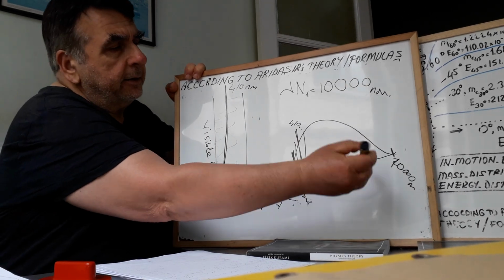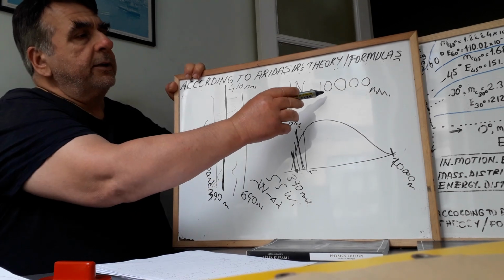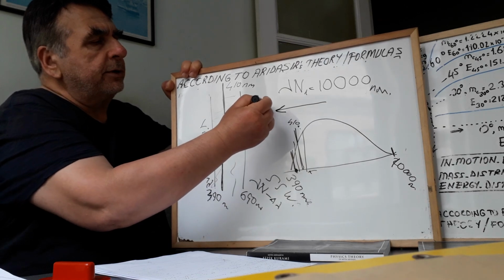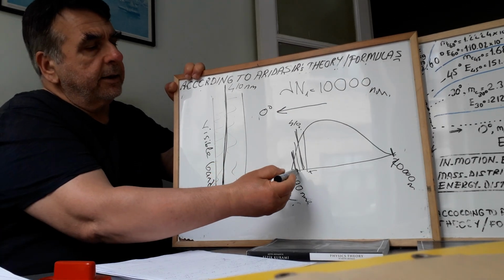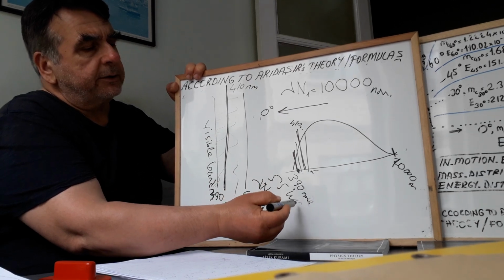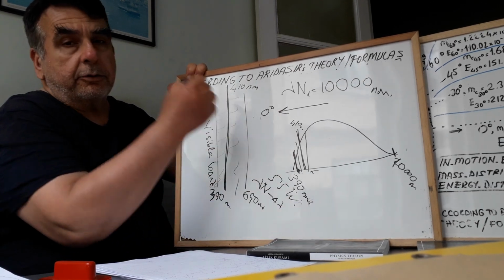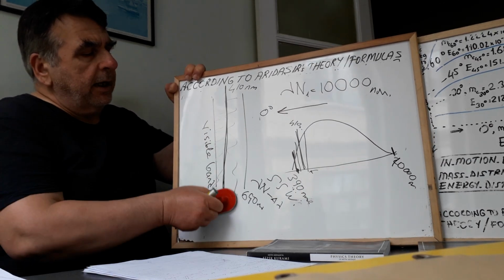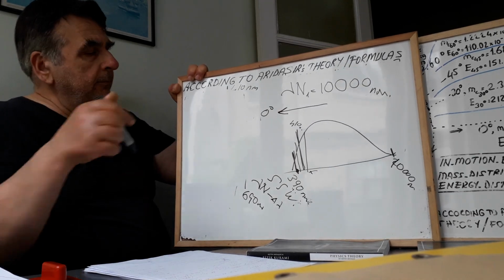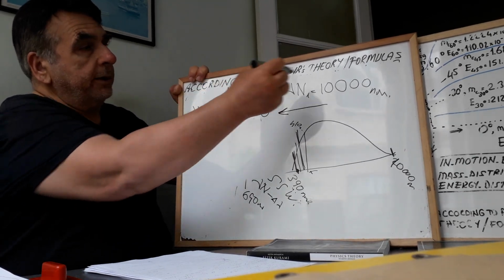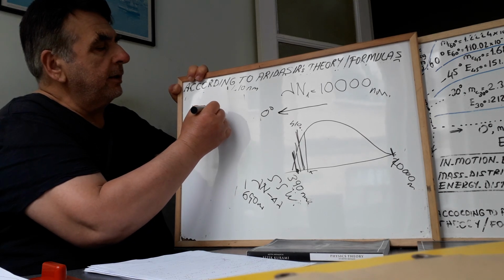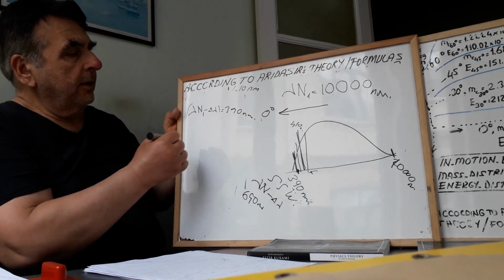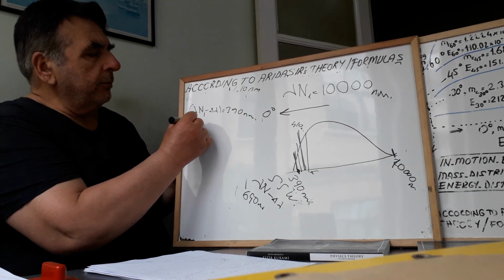Okay, in these electrons, 10,000 nanometer wavelength size electrons, 0 degree motion direction. Okay, this is shortened wavelength, 390 nanometer. Now, according to my theorem, my formulas, I will compute. Lambda normal 1 minus delta lambda is equal to 390 nanometer.